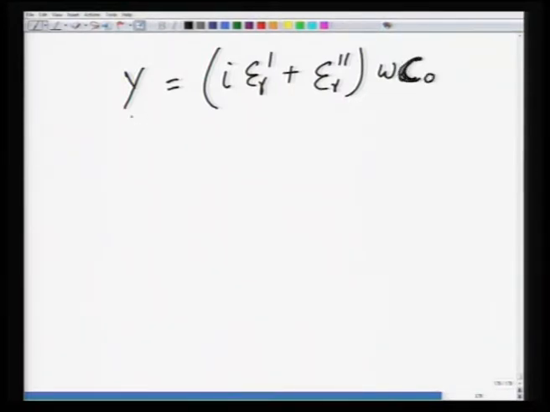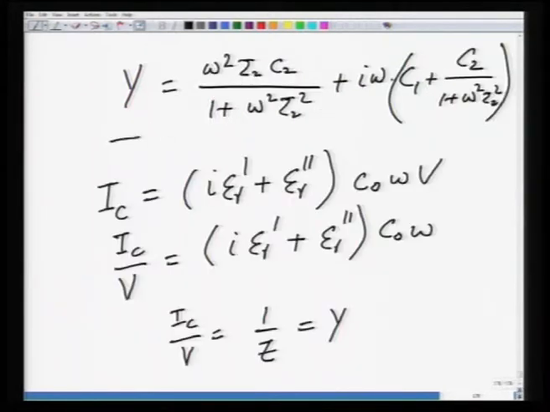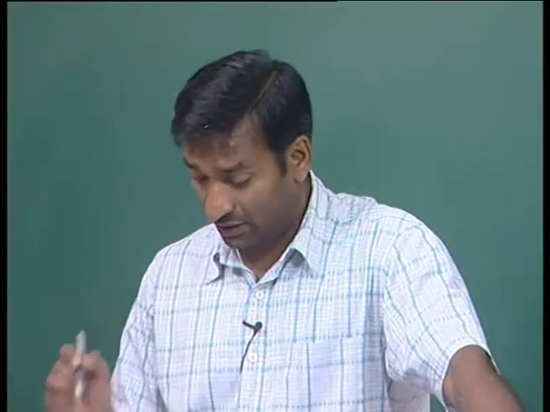Now you compare this equation with this equation. All we are going to do from that is to get expressions for epsilon r prime and epsilon r double prime.